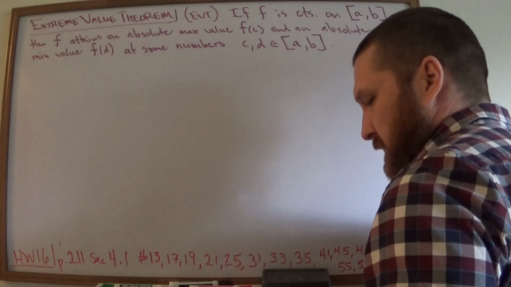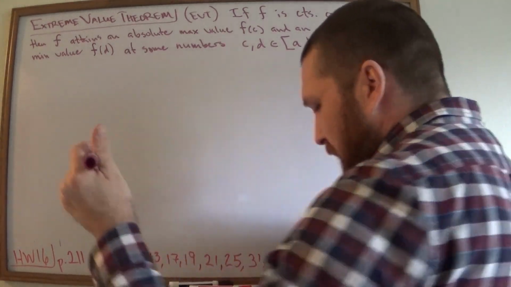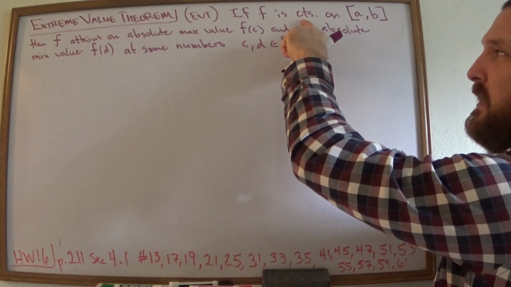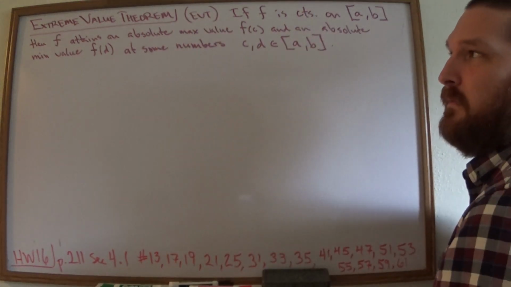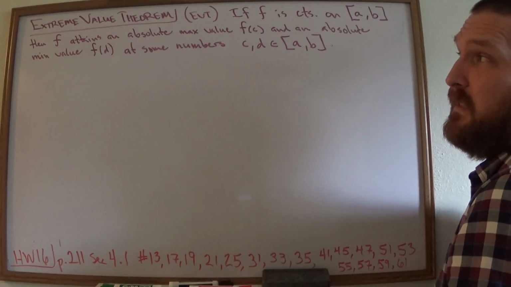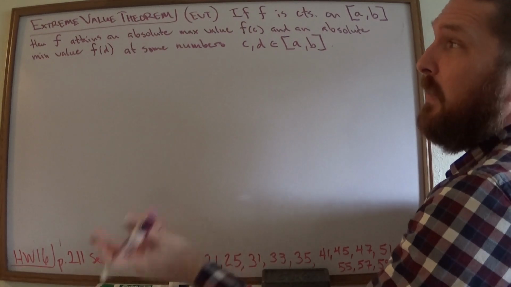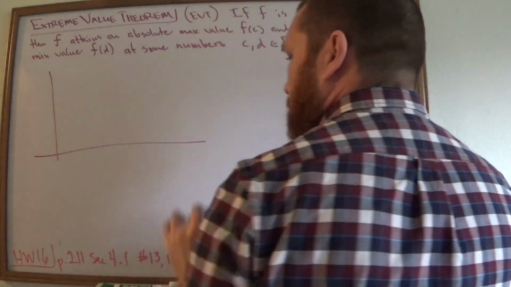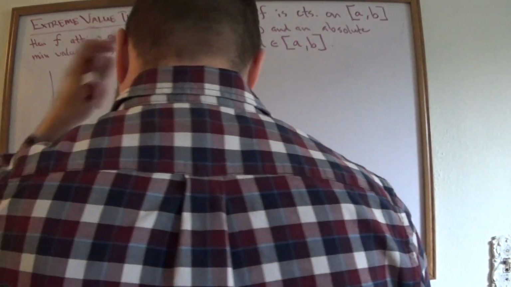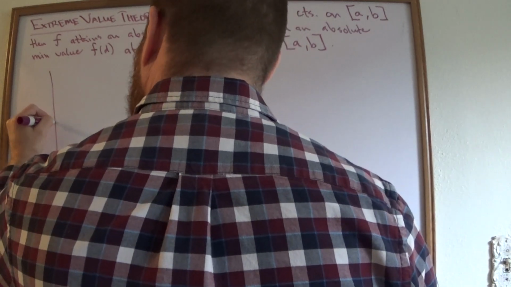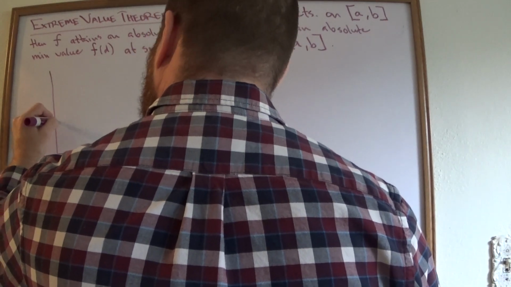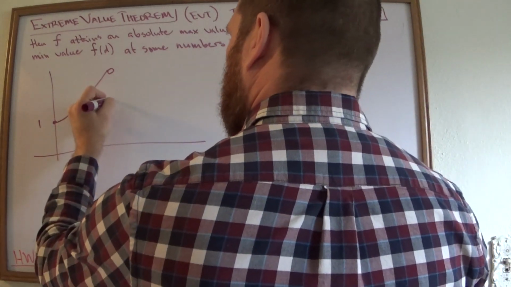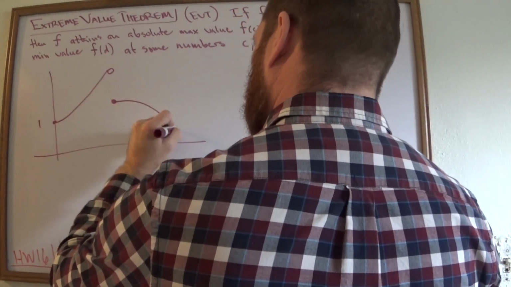So, for instance, let's suppose that f is not continuous and see how this may or may not fail. Because it might be discontinuous but still work, but we can't guarantee that it will. So here's a discontinuous function that fails to have this property. Here's 1, it goes up, and then there's a hole in the graph. And then it comes down like this and does something like this.